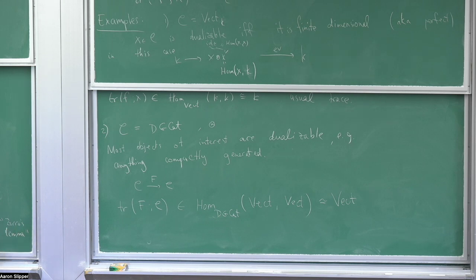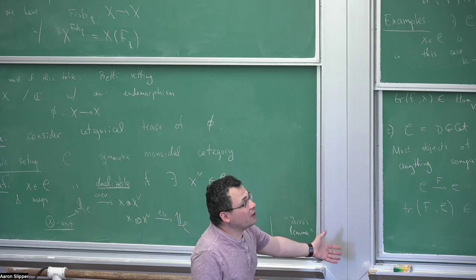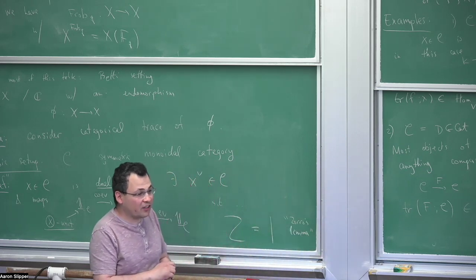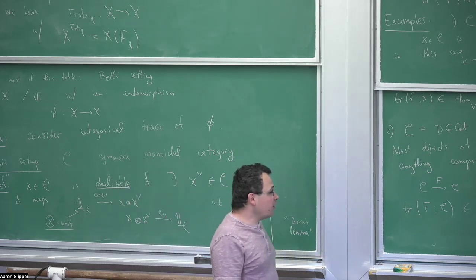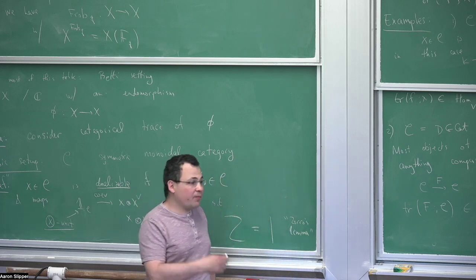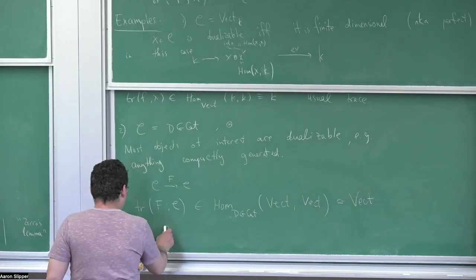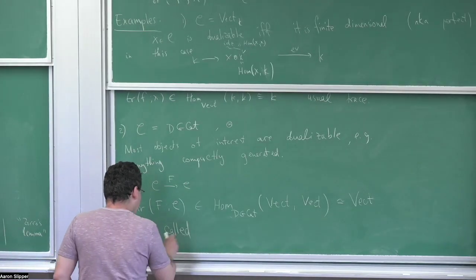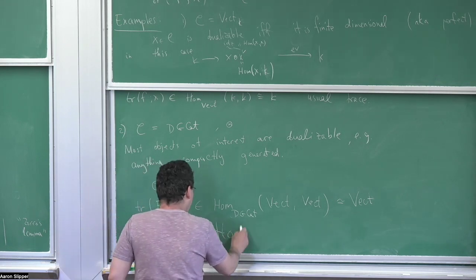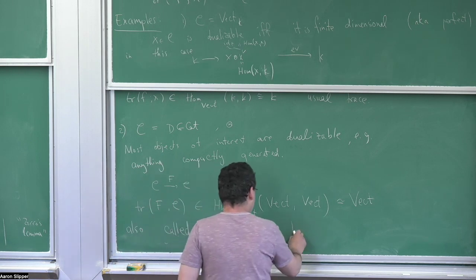You have a dualizable category and an endofunctor, and this abstract construction produces for you a chain complex out of it. In general, there's nothing else I can say other than this has a name. It's also called the Hochschild homology, at least in some settings.